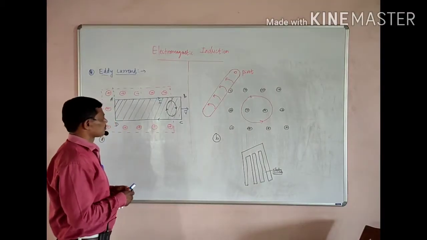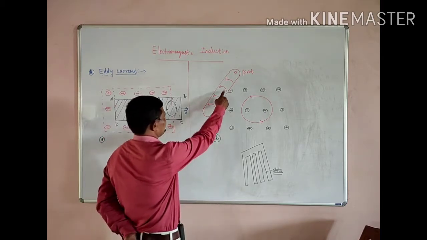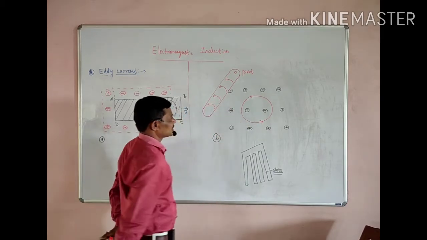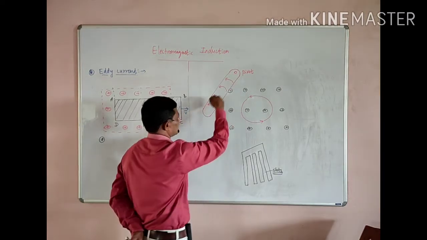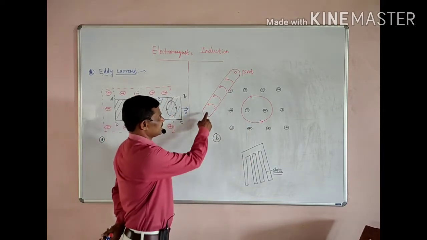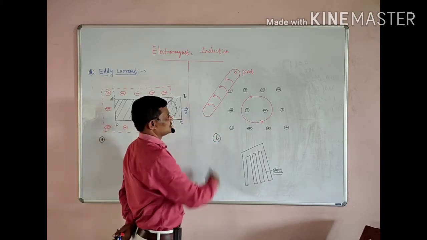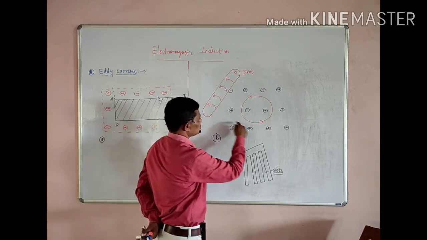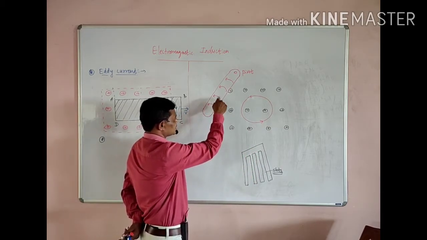So consider a conducting plate oscillating in a uniform magnetic field of induction B bar. Suppose this is pivoted at this place and it is oscillating through this. Then this conducting plate has a mechanical motion and it will oscillate with kinetic energy. During each oscillation, eddy currents will be observed inside this conducting plate.